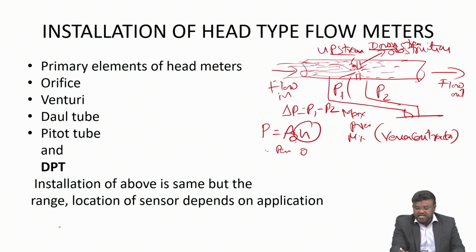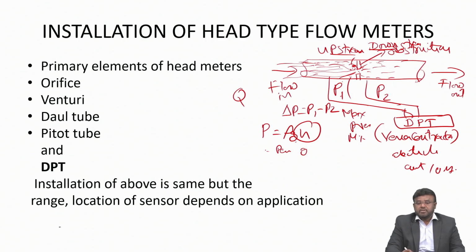This difference finally I am giving to a DPT, a differential pressure transmitter. That means whatever the flow rate Q may be, I want to convert this into electrical form, into an equivalent current or voltage term. Therefore, I need a DPT.